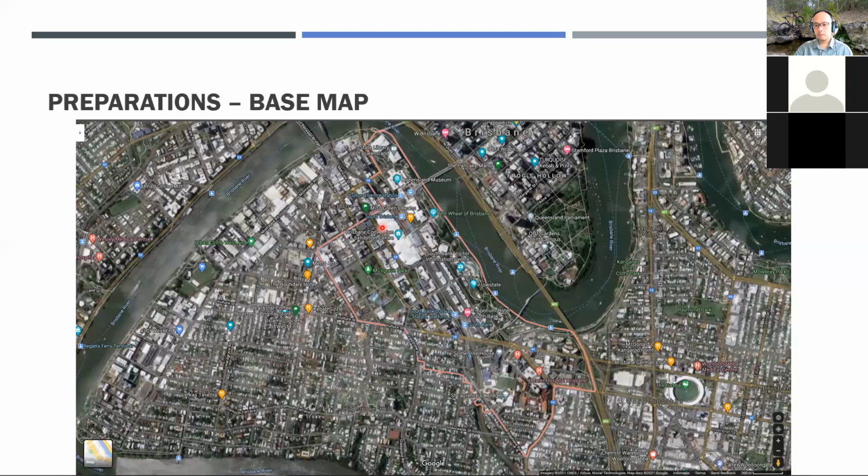A base map then should convey the size and orientation of your site, and the size and orientation of the base map itself, the scale, largely depends on the size and shape of your site.